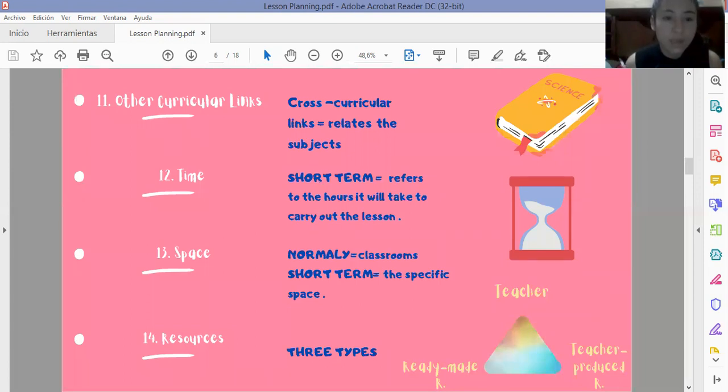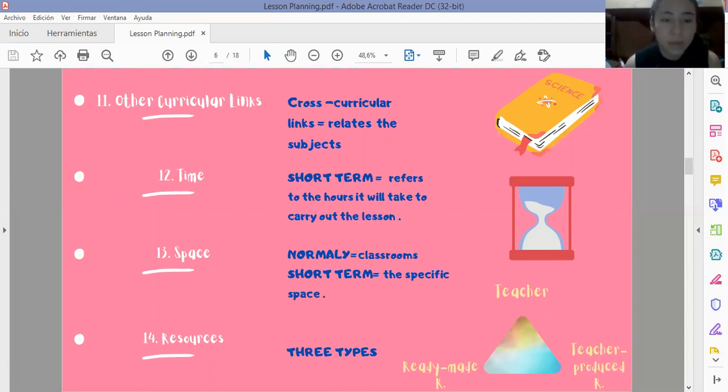In this case, since we are talking about short term, it refers to the hours that it will take to carry out the lesson. Our 13th component is space. That normally is the classroom, and in the short term, what we are talking about is the specific space.